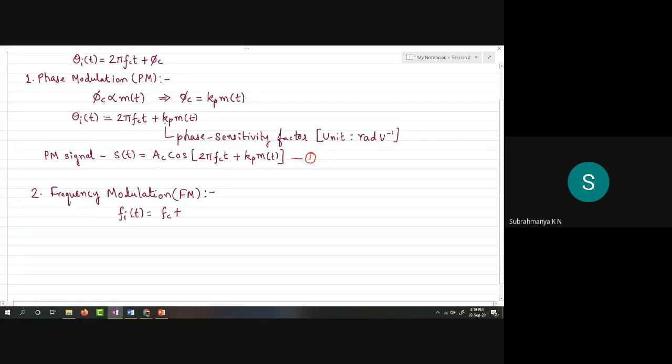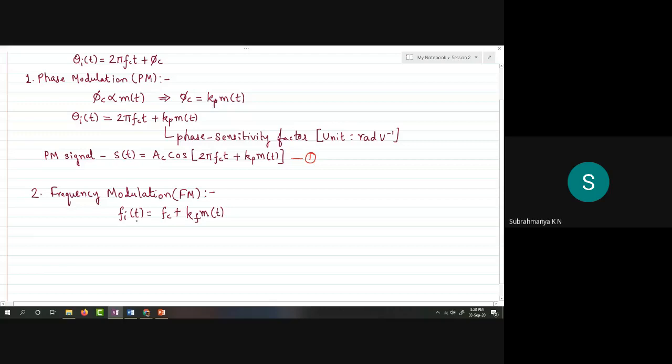Similarly, now I'll take the instantaneous frequency, with fc being the frequency of the unmodulated carrier, and vary this with respect to m(t), with a constant of proportionality kf, which is very similar to the kp here. So fi(t) is the instantaneous frequency for the FM modulated wave.